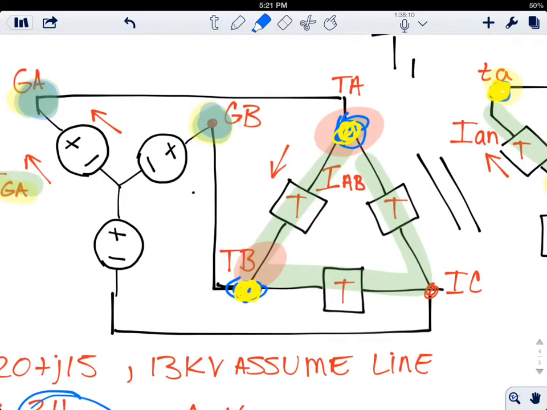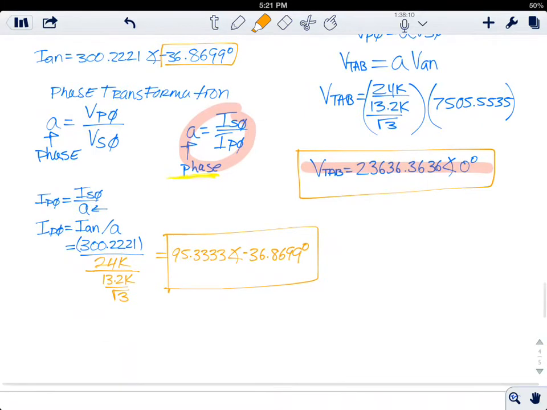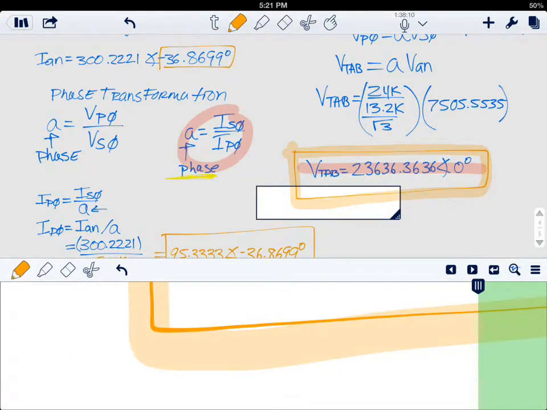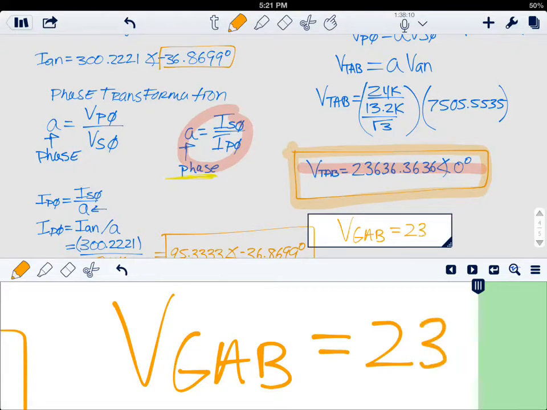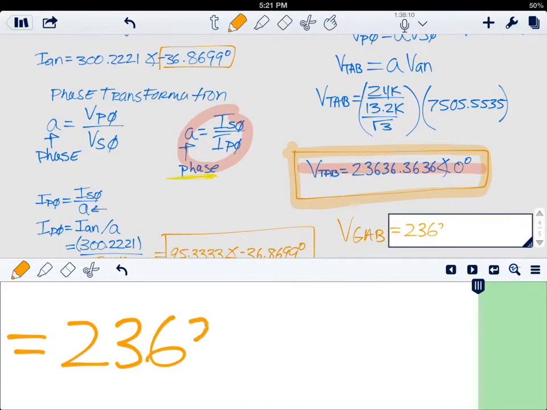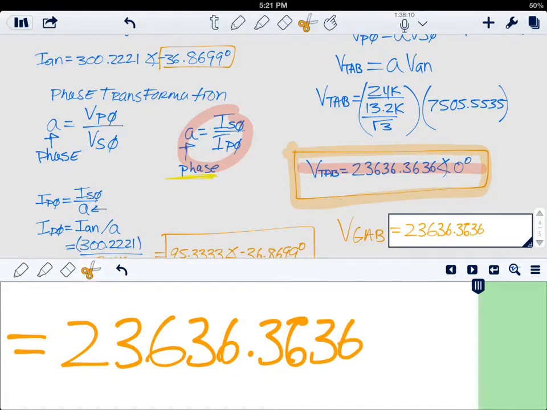It is interesting to see that the same voltage at this point here is the same voltage at this point here, and the same voltage here at the point V is the same voltage as here at the point V. So the voltage that we said was the phase voltage at the transformer is also the line voltage at the generator.